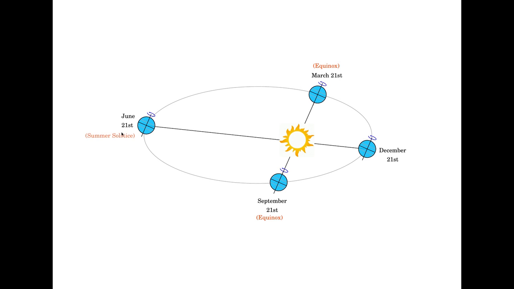Now, this position is called the summer solstice. For the northern hemisphere, it is the longest day that will occur on June 21st. And you will see that the Sun aligns more towards the northern hemisphere, and the line passes through the 23.5 degree latitude, which is the Tropic of Cancer.